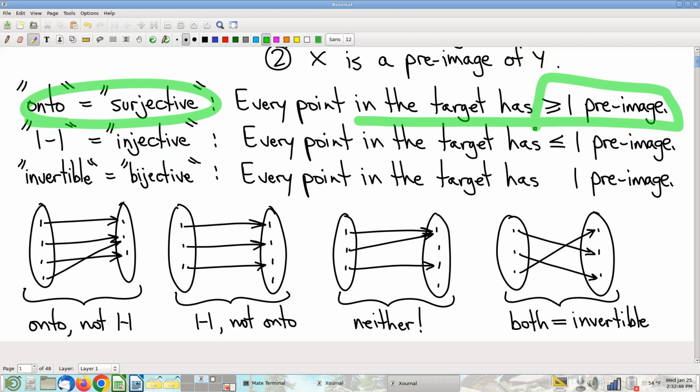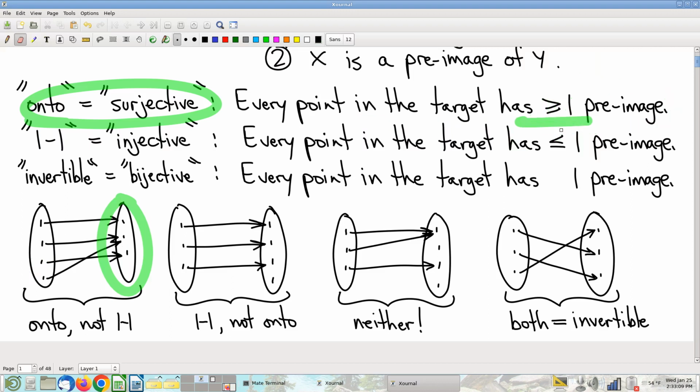And here's an example of what that looks like. Notice every point over here has a pre-image. In fact, this point right there has 2 pre-images. No problem, as long as it's at least one. Over here, this point has 1 pre-image. And so every point of the target has, as required, at least 1 pre-image.